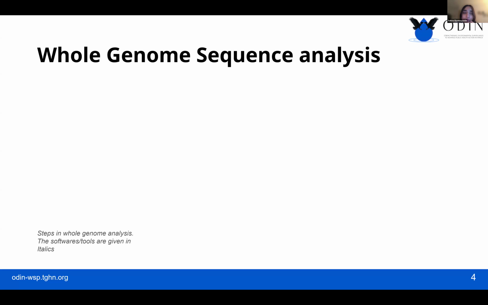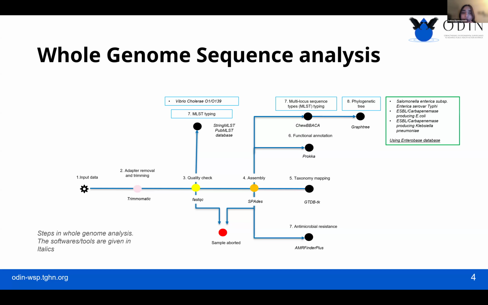Then we have another type of data, which is whole genome sequences, and for that we also have a pipeline built in a pipeline manager. The structure for this pipeline is similar to the one for long reads, but this is more adapted to Illumina sequences, which are short reads.